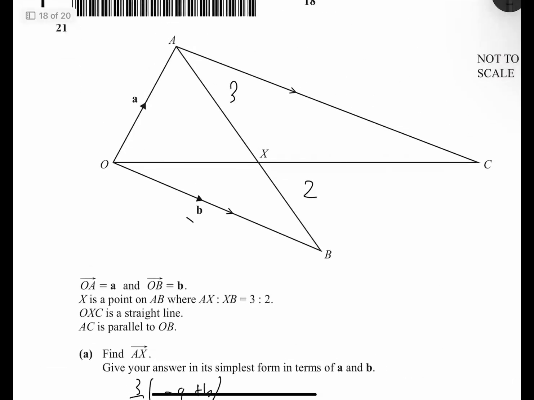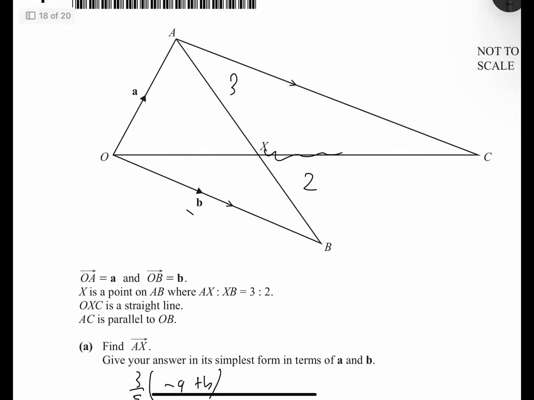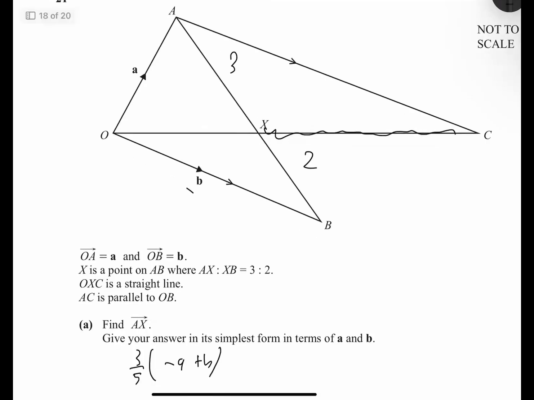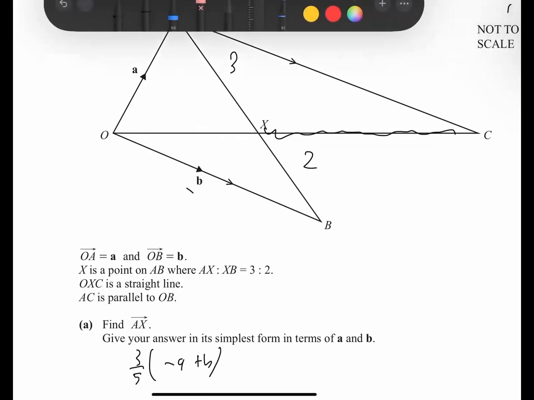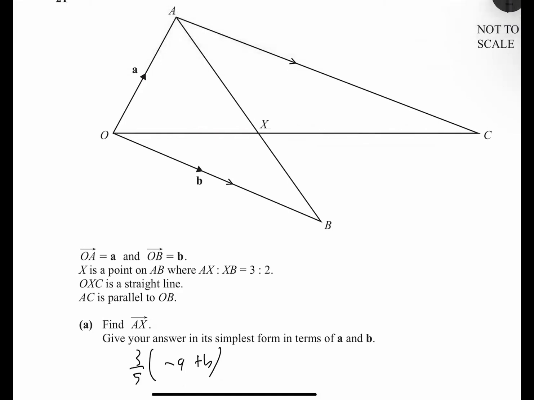Now we find XC. X to C is, now this is a question which people found quite difficult, but we can see that line A to C and line O to B are parallel to each other and they both intersect each other, right? At these points. So we can say that these triangles are mathematically similar, since they're parallel lines intersecting each other.